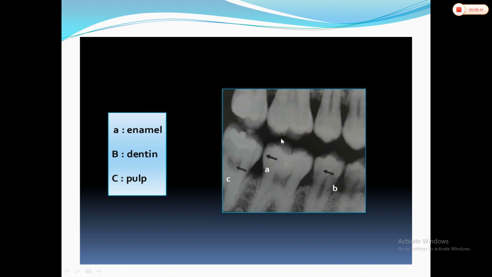Look at this. Enamel, dentine and cementum are calcified, so giving a radiopaque appearance. Pulp is not calcified, so gives a radiolucent appearance. Enamel is more calcified compared to dentine, so it gives a more radiopaque appearance.